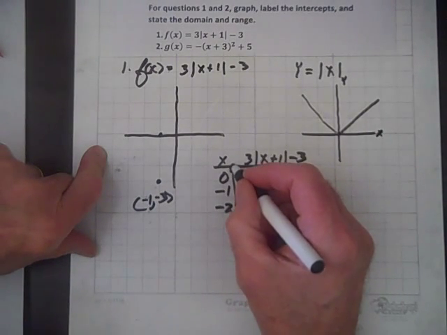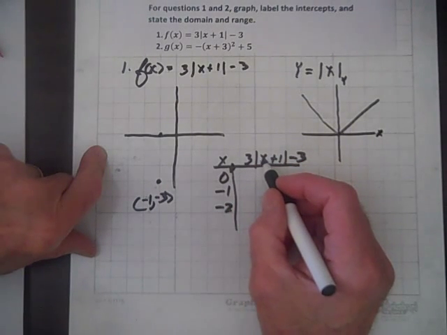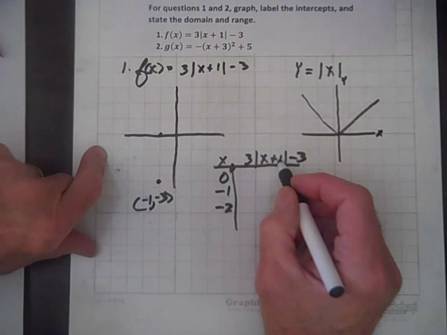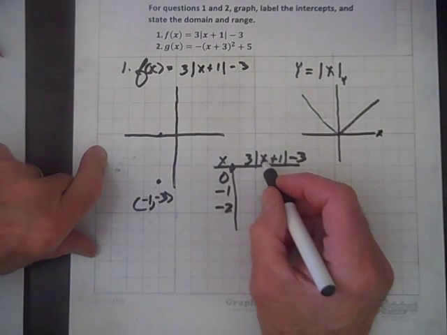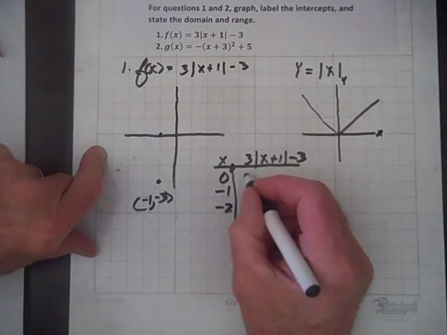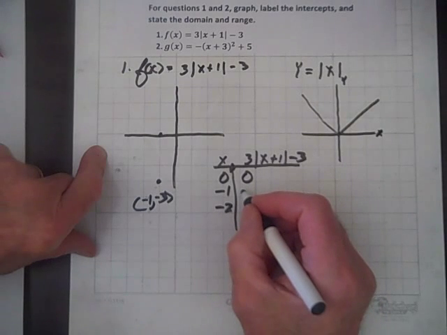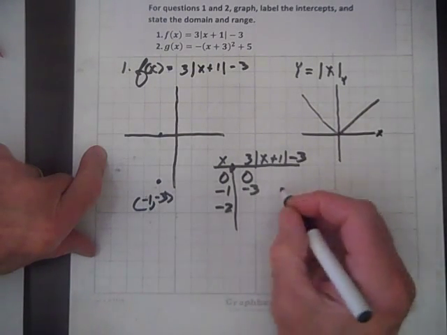So if x is 0, well, 0 plus 1 is 1. Absolute value of 1 is 1. 1 times 3 is 3. Minus 3 is 0. We already know that if x is negative 1, we get a negative 3 there.